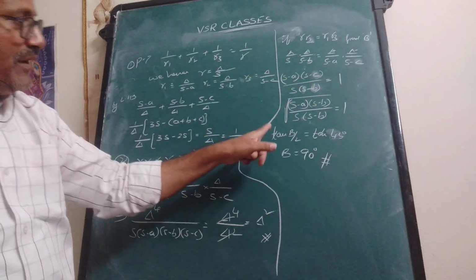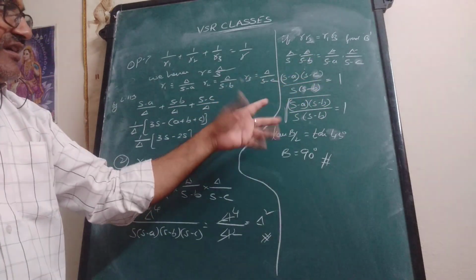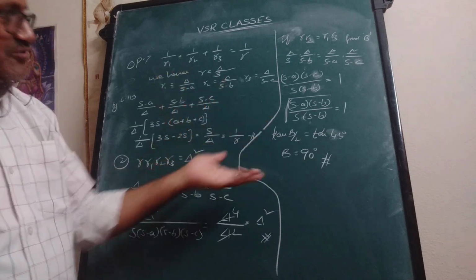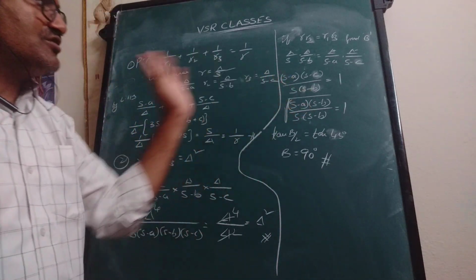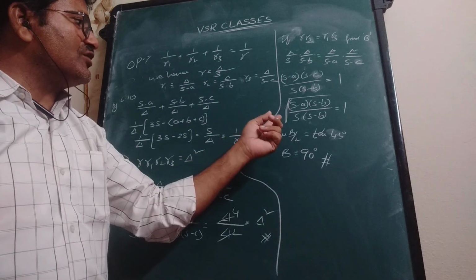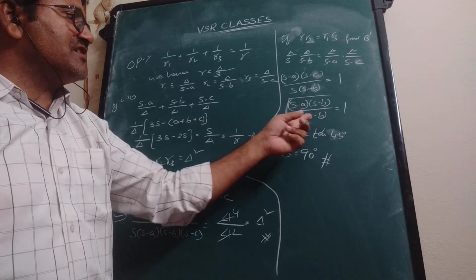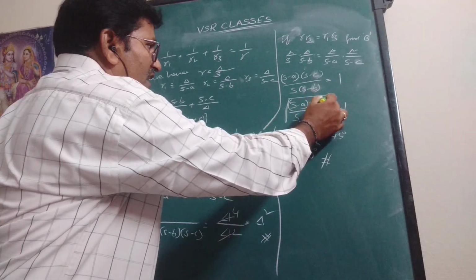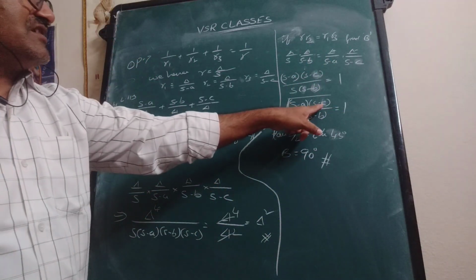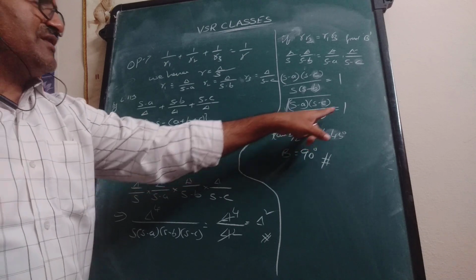So make the square root, even though you will get the same thing, okay? And squaring on both sides also, 1 power 1, 1 power 2, 1 power 100 is also 1 itself. So make the square root of S minus A, S minus C by S into S minus B is equal to 1.